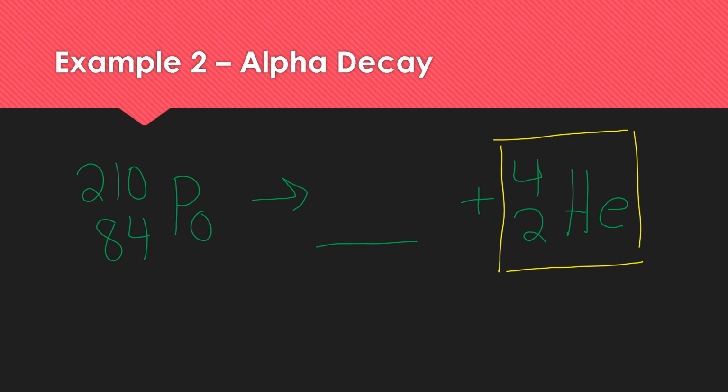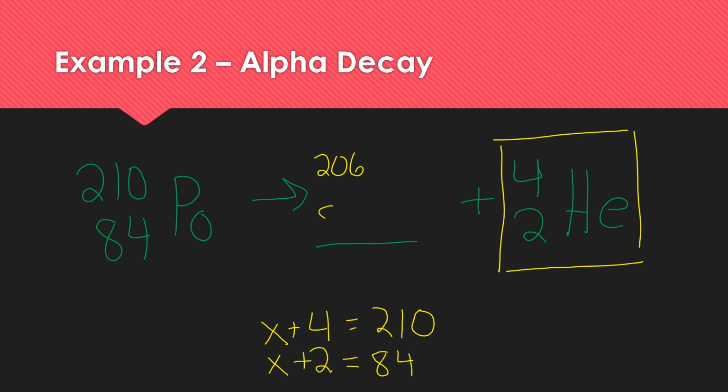So we need to say what plus 4 equals 210. Now we know that would be 206, so that's going to be our mass number. Then we also have what plus 2 equals 84, which is 82. Go to the periodic table. What element is 82? That would be lead. So we're going to write the symbol for lead, and that is going to balance the alpha decay equation.